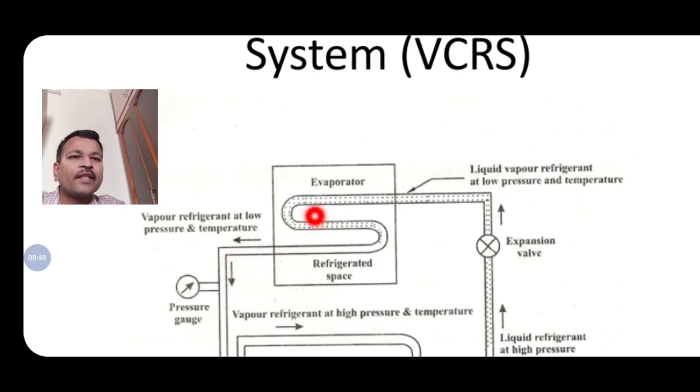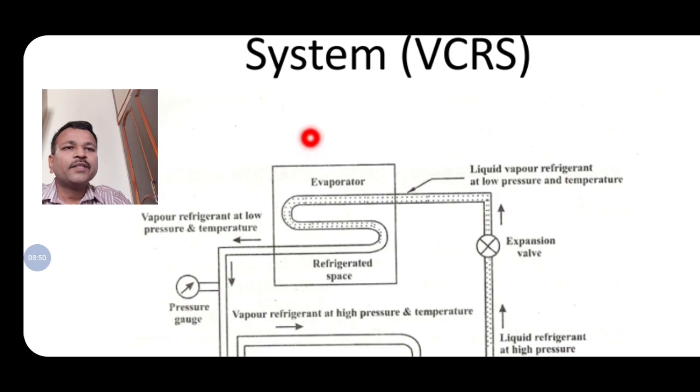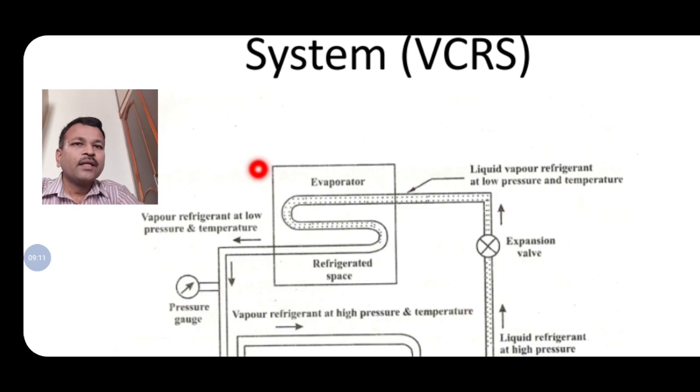Several cycles have to repeat in order to cool the refrigerated space. Initially the refrigerated space is at around, let us say, 25 to 30 degrees Celsius. You have to bring this down to 10 degrees Celsius, which is your target, your required level.